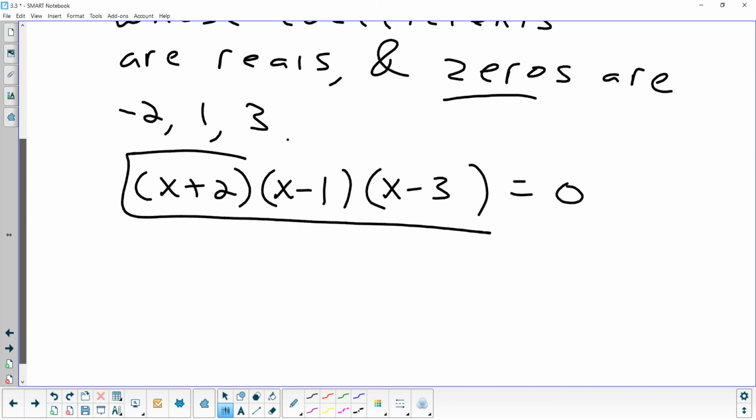And there, basically write it like this. There's your answer. And I could multiply that out, FOIL it out. But that's a polynomial that would cross the x-axis at exactly those 3 numbers. Any questions on that before we look at our last one?